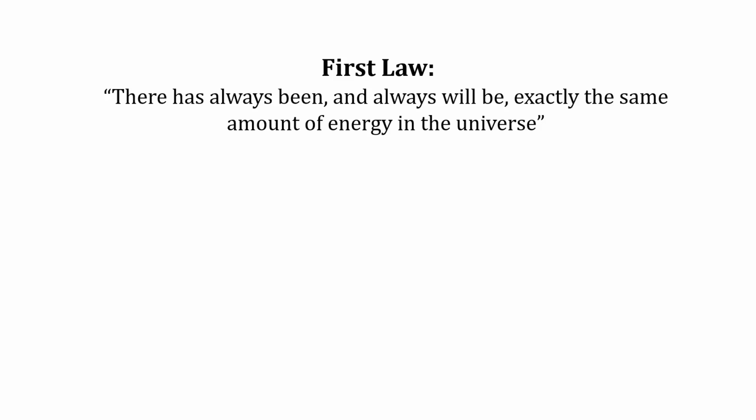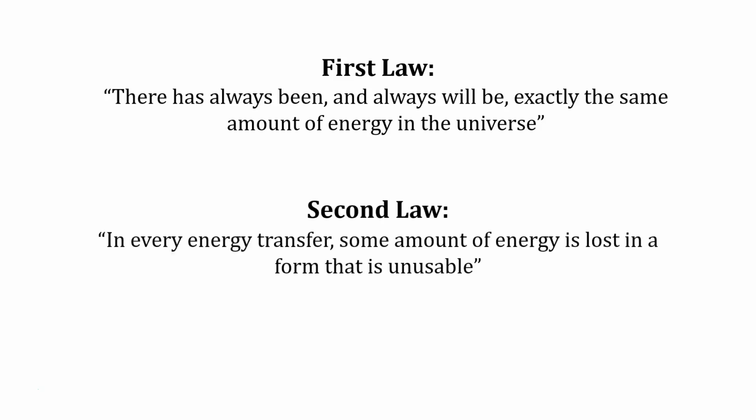It's kind of a weird thing to think about: how did that energy get there in the first place? That's a very important question to consider, but it's kind of outside the scope of this class. It's more of a philosophy type question. The second law is that even though there's the same amount of energy, it's changing forms, and every time it changes forms, some of the energy that's able to do stuff is lost.